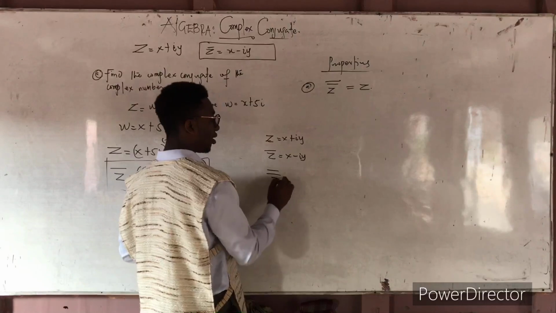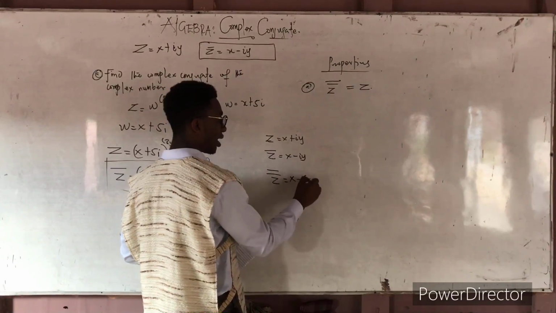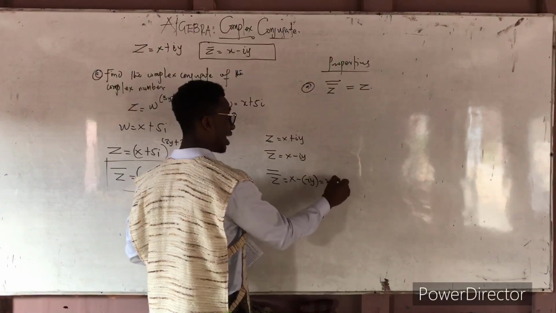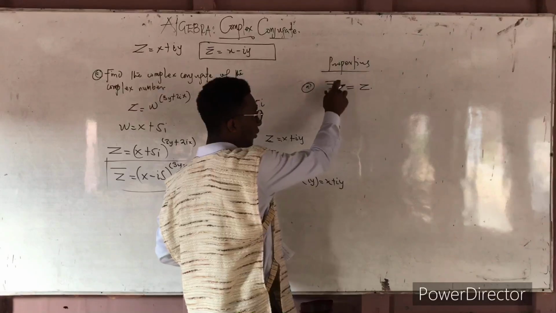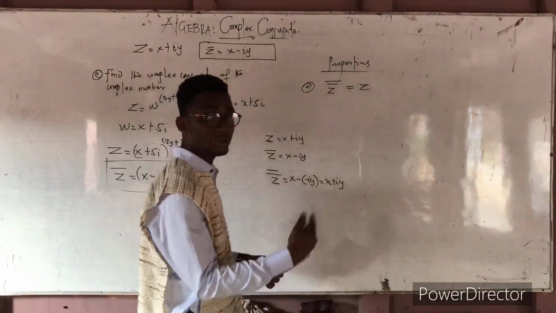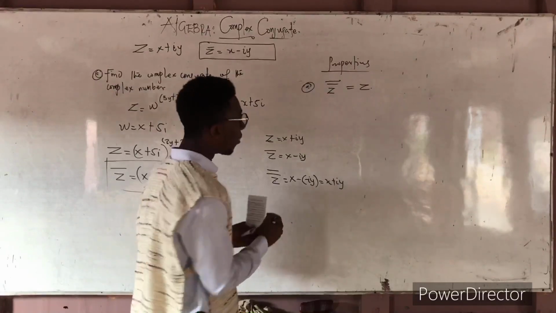That will give you x, and you have to negate the i again. So you get x plus iy, and this is the same as z. So therefore, anytime you have the complex conjugate of the complex conjugate of a complex number, it is the same as the complex number.